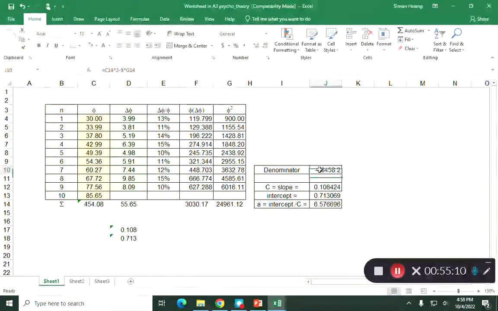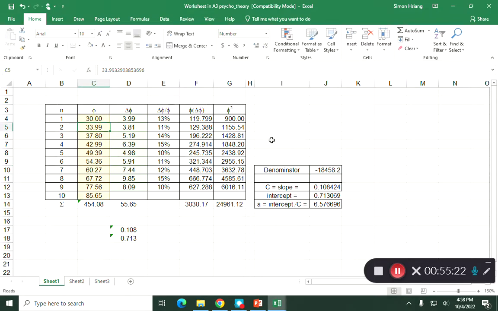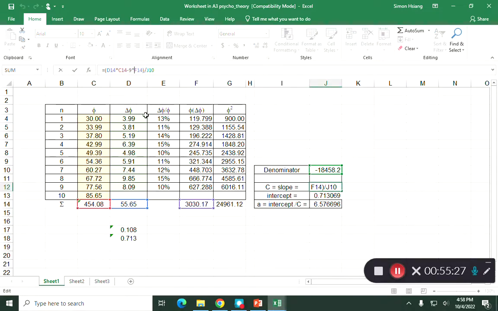One more time. First, talk about the denominator. The denominator is the summation of phi squared minus 9 times the mean phi squared. And the slope is equal to the top part, the numerator, which is the summation of phi times delta phi minus 9 times the mean phi times the mean delta phi. What am I doing here? Okay.